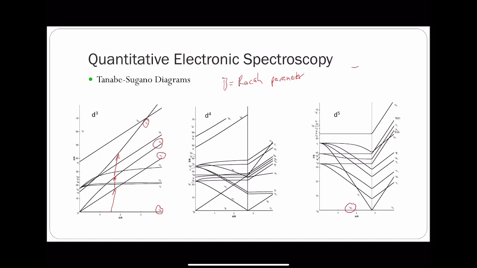If we consider what it takes to have a multiplicity of 6, we have to have 5 unpaired electrons. That's necessarily t2g3 eg2, which means that there are no spin-allowed electron transitions. All of our excited states will necessarily involve a change in spin or spin multiplicity.